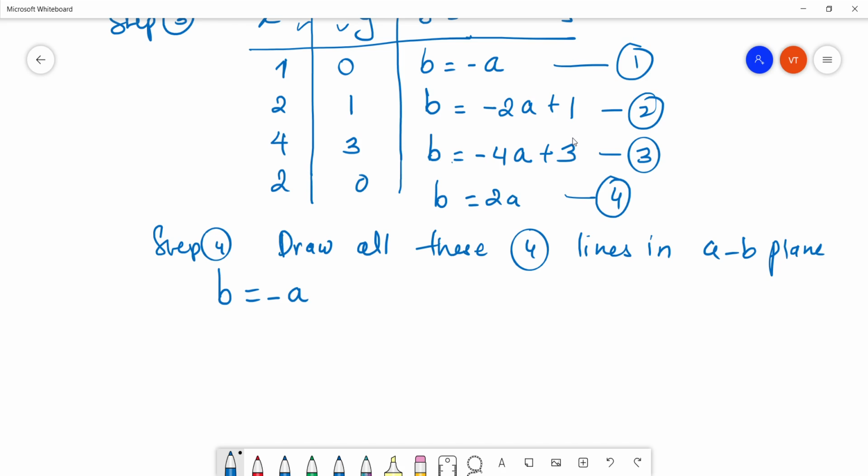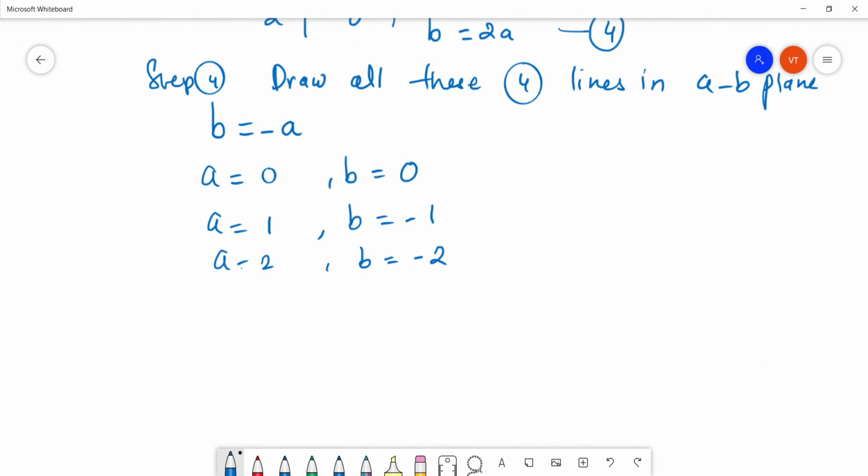I will assume a equal to 0, b will be equal to 0, then a equal to 1, b will be equal to minus 1, a equal to 2, so b will be equal to minus 2 and so on. Now you have these coordinates, you just have to plot them, right? Similarly you'll do it for equations 2, 3 and 4 and plot them on one graph paper.